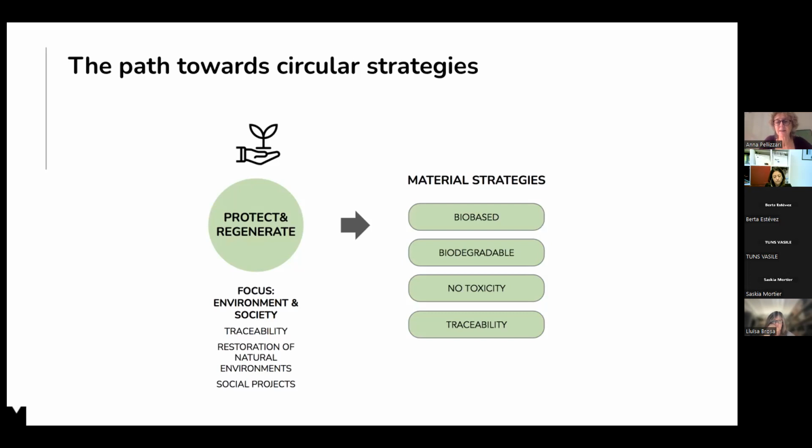And then we have traceability, so knowing where my material comes from, the source of my material, and being sure that that material doesn't cause disasters in the place where it is sourced.